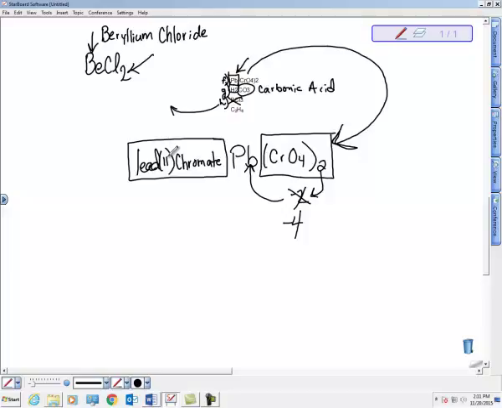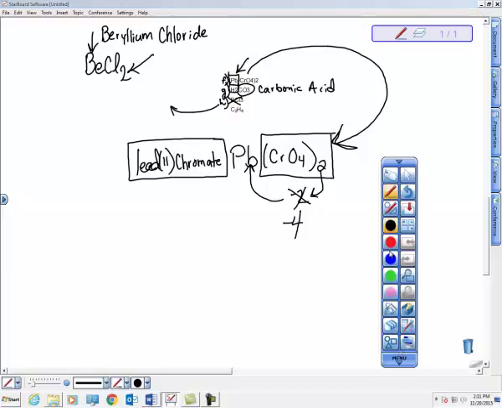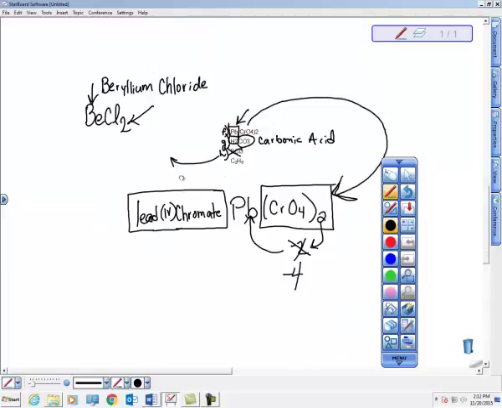So instead of there being a 2 right here, I'm so glad you guys caught that. All right, so that would make it lead 4 chromate. Sorry about that.